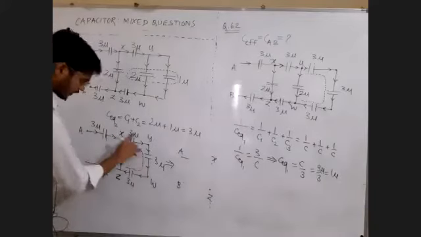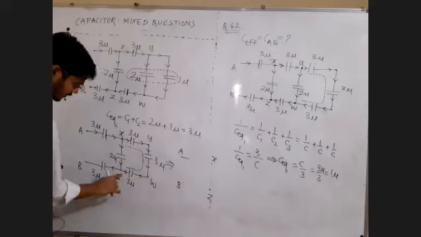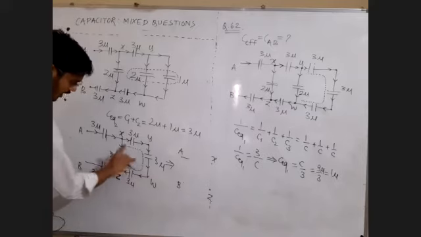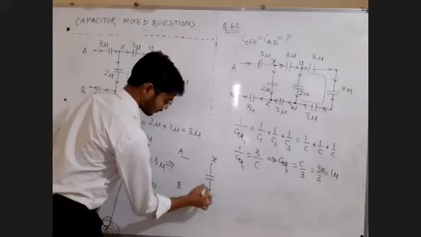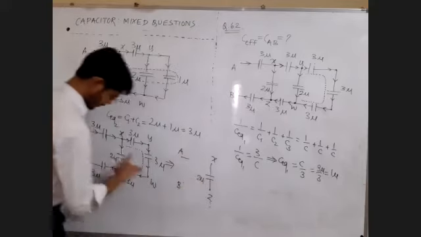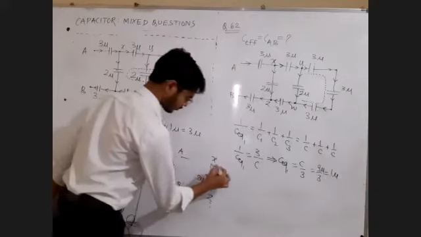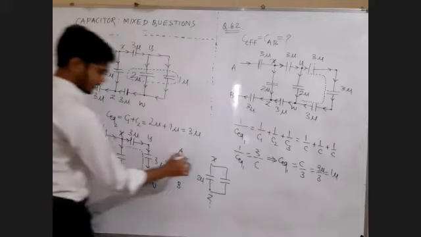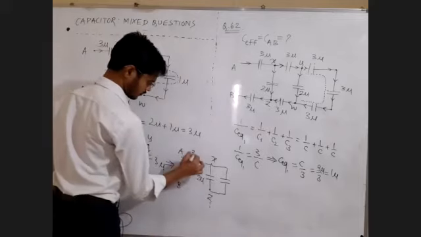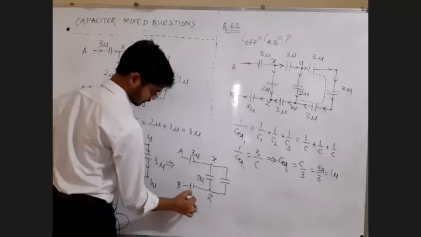Between point X and Z, you have this 2 micro as well as this 1 micro. You have the 2 micro and the series combination of these three is 1 micro. This 3 micro as it is, and this 3 micro as it is.